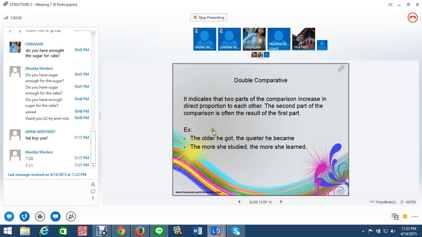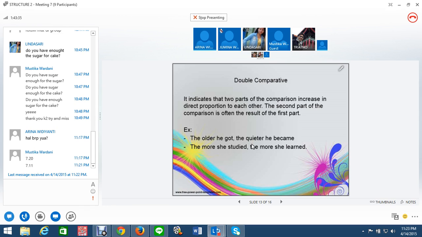The second one is the result of the first. Okay, so the function of a double comparative here is to indicate that two parts of the comparison increase in direct proportion to each other. Increase, or it can decrease also. That's okay. Like here, the older he got, the quieter he became. So the older he gets, the quieter, what is that? Yes, the calmer he is. Okay. What is it called in Javanese? If someone doesn't like noise, doesn't speak, what is that called?